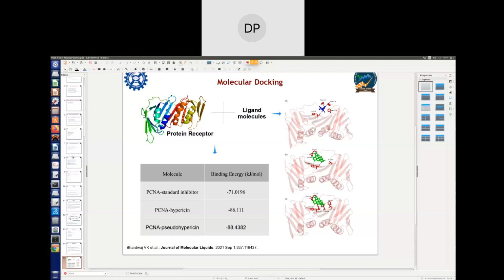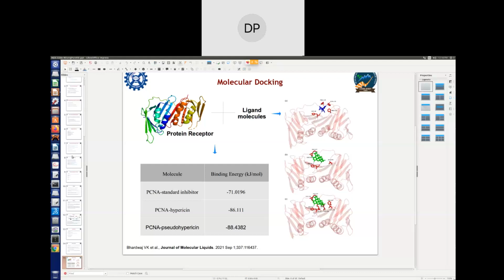In this case, you can see the bonding behavior: histidine 44, in blue, is making a bond with the standard inhibitor, right? In the same way, you can find that hypericin and pseudohypericin are also making a bond with histidine 44. If you read the crystal structure paper, you will get the information that histidine 44 is very important. Likewise, other residues are also there, 131, I think, 126, 129.